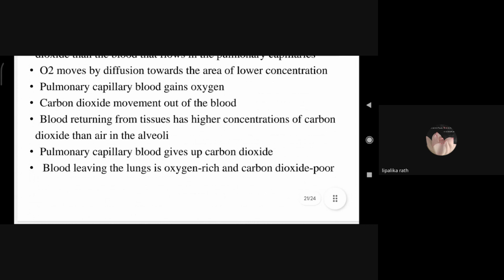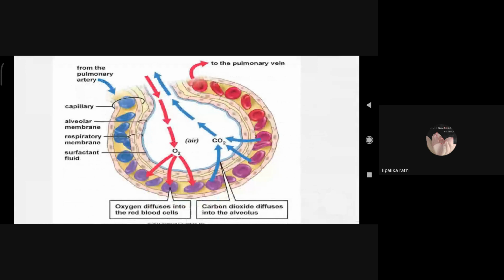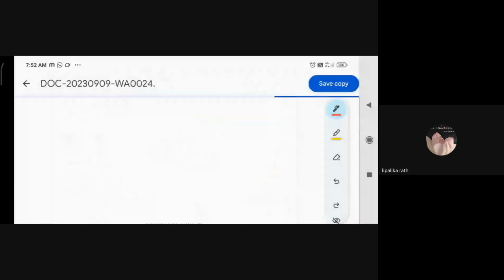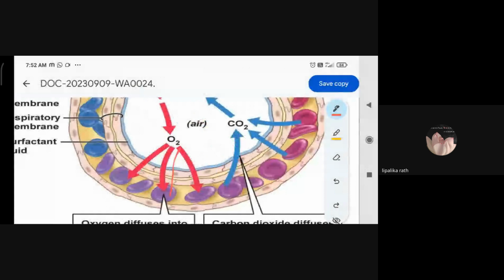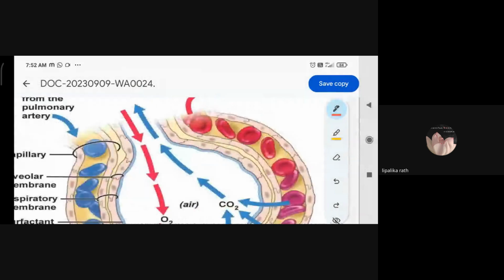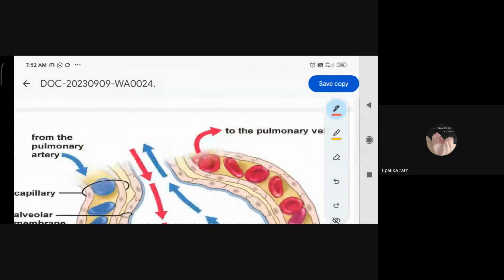Now here in this picture you can see properly how the capillary is flowing from this side.